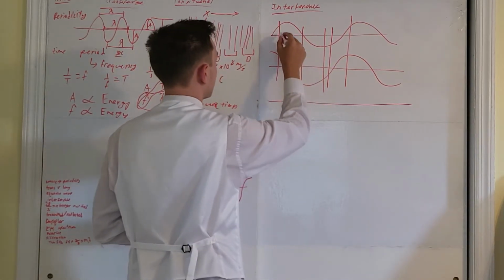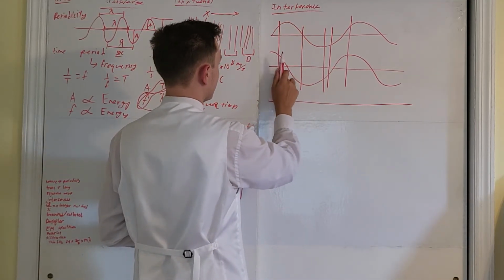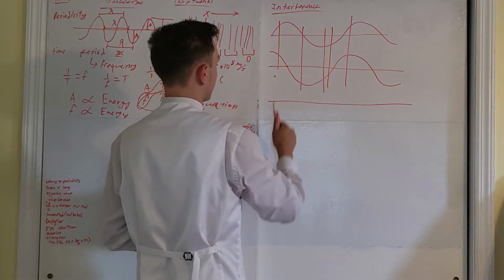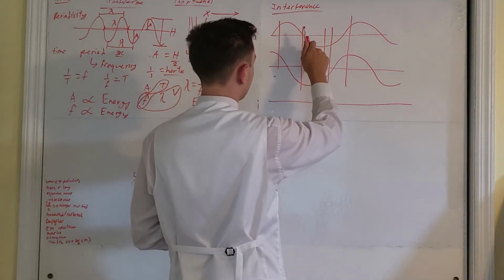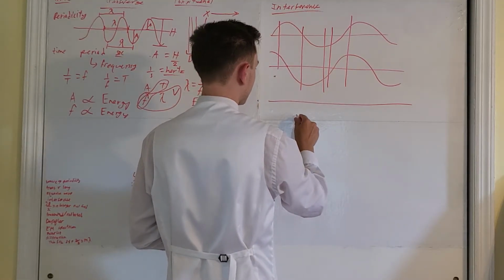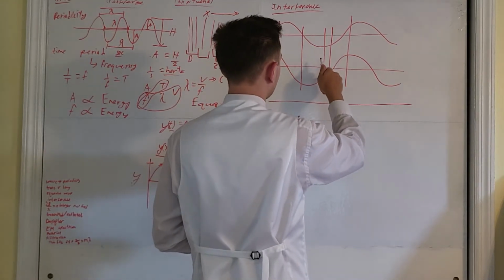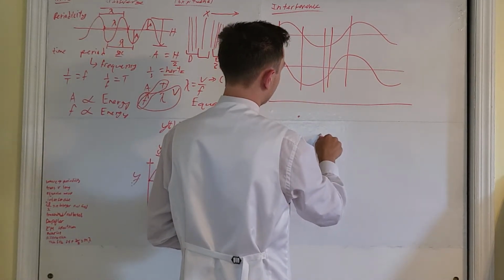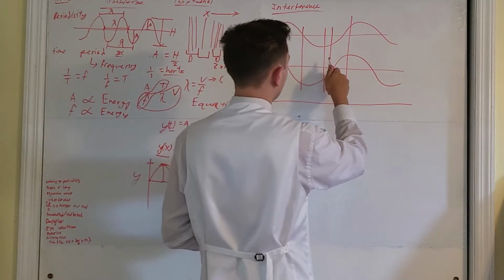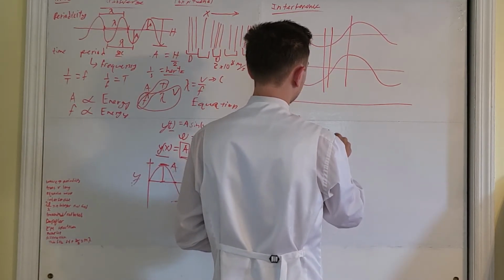At this point, one wave is positive, the other wave is positive, so both of the waves are going to add to an even bigger positive. Here, one of the waves is negative, one of the waves is 0. So that's just going to be the original negative of the bottom wave. Here, both of them are negative, so it's going to make an even bigger negative. Here, both are negative. Again, it's going to make an even bigger negative.